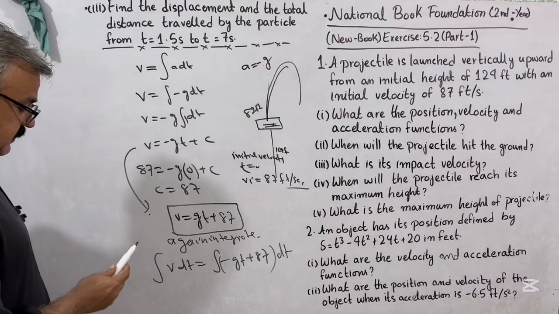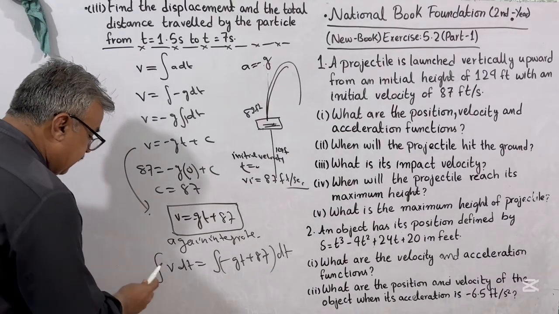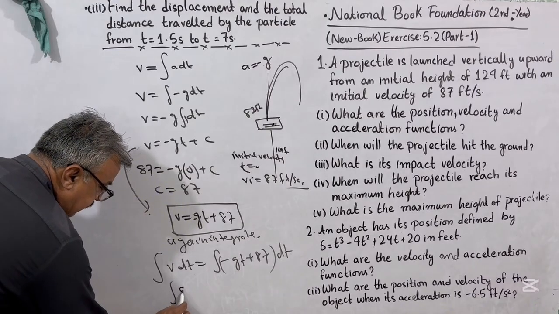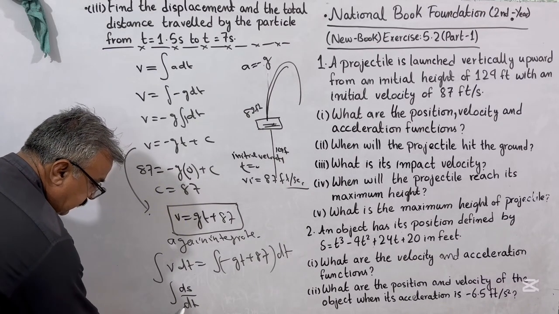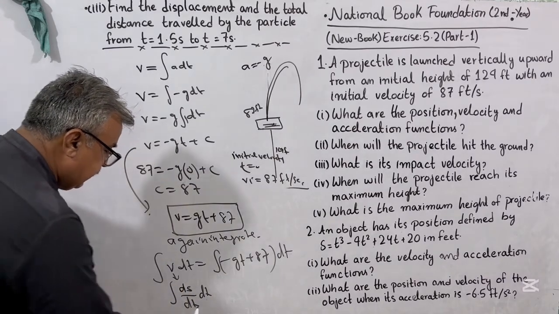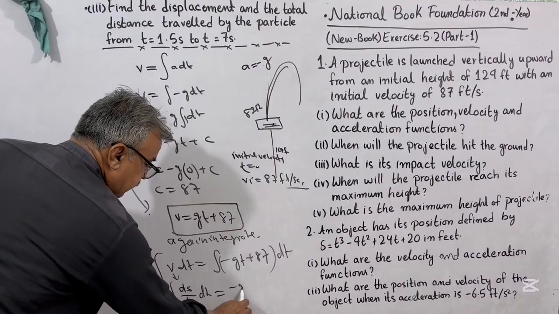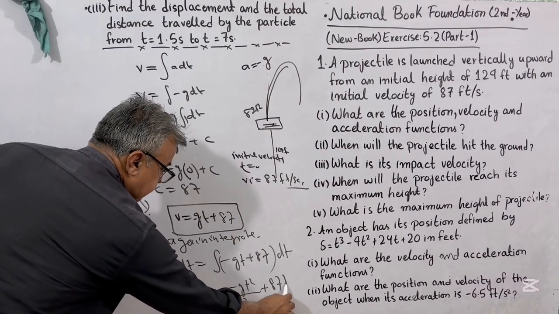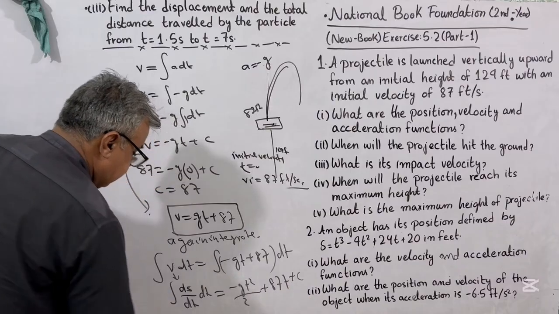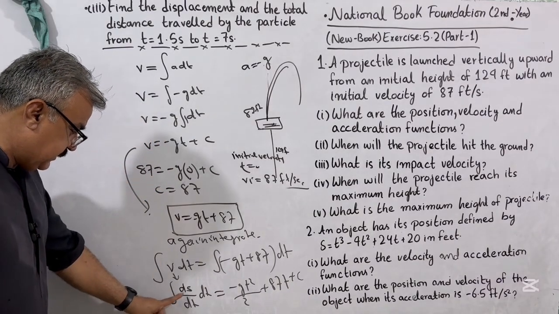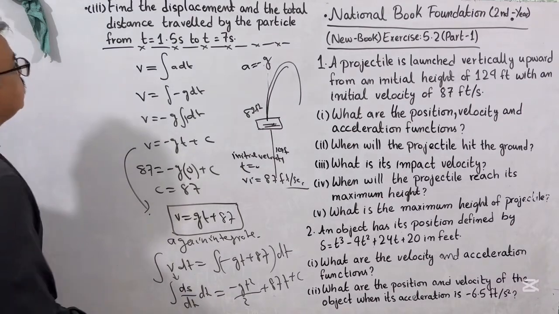Integration of velocity is displacement, or one can take a tiny trouble to write velocity as the rate of change of displacement with respect to time. Integrating, it becomes negative gt square over 2 plus 87t plus another constant c. Integration of velocity is displacement.